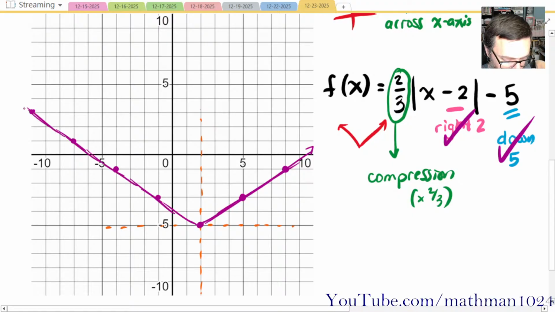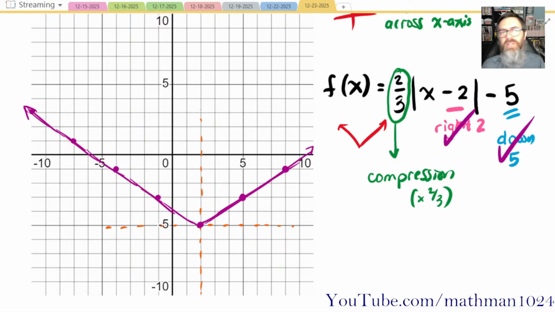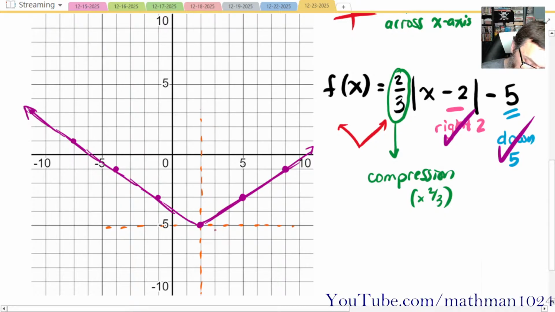Well, I say curve because it's not a line, right? It's parts of two different lines. Now you might say this doesn't look any different from the absolute value graphs we've already done. Well, let me show you what it would have been like without the 2/3. So without the 2/3, it would have been over here. So the absolute value of 1 is 1, absolute value of 2 is 2, 3, and so on.